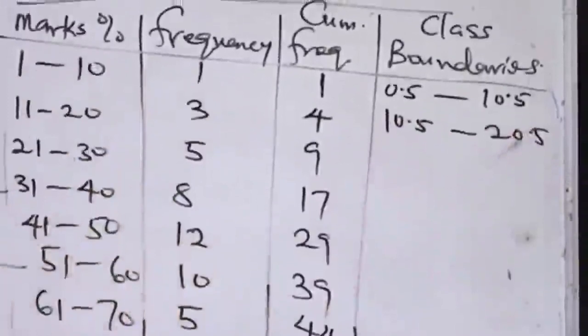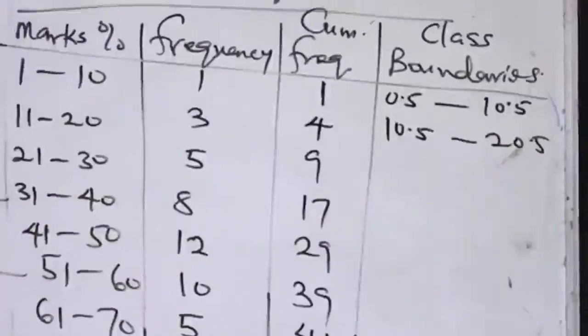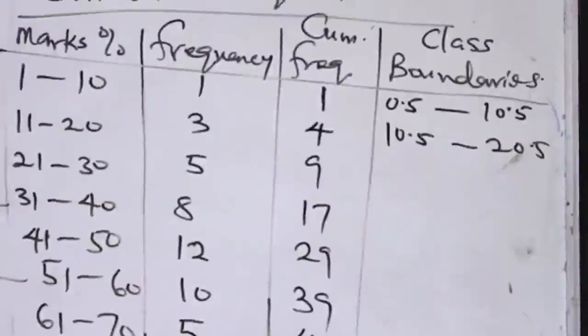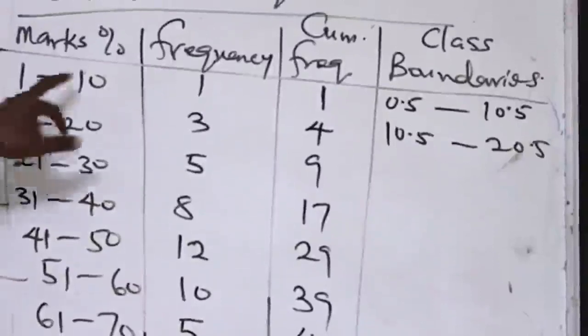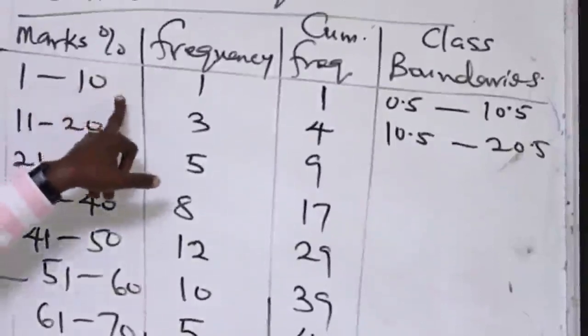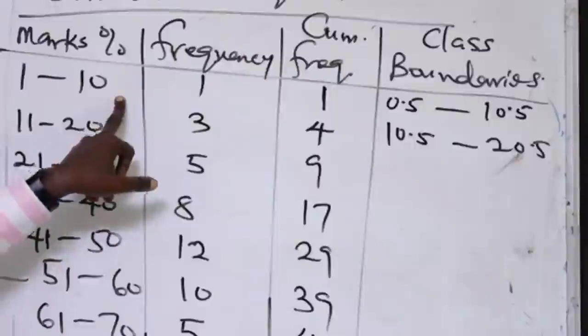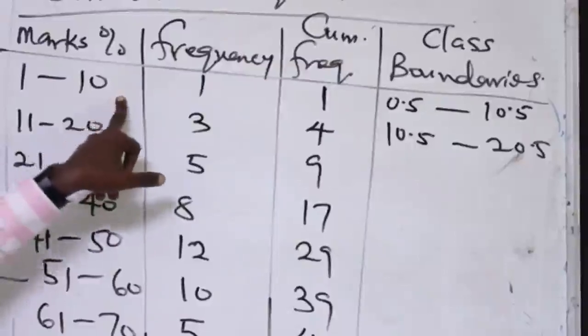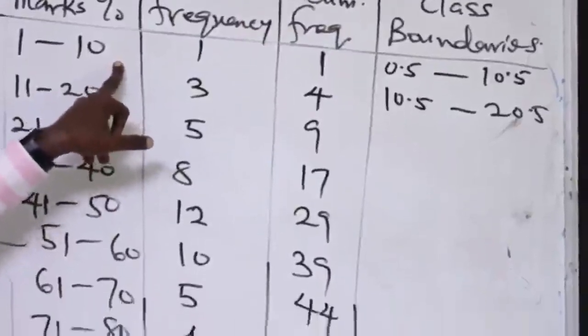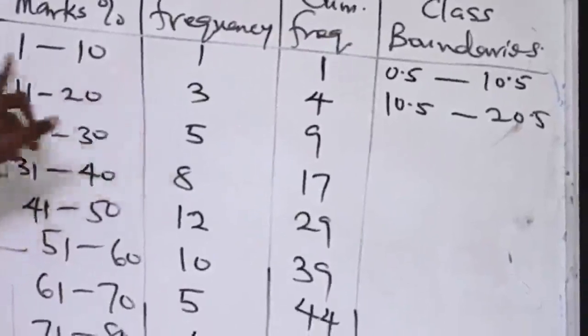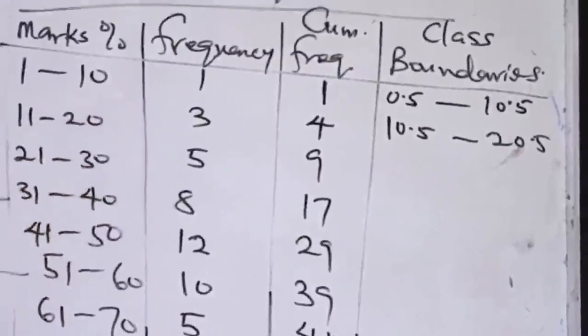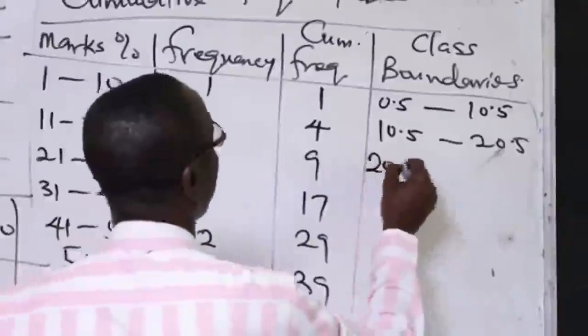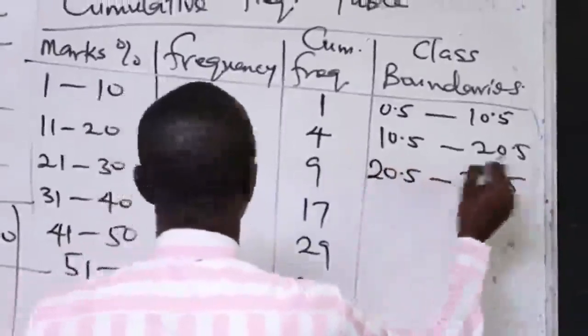Is there any error there? No. You are reducing this by 0.5, and you are increasing this by 0.5. Is that not what class boundary is, for whole number intervals? This is 20.5 to 30.5.